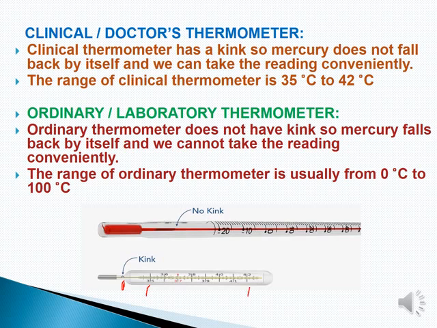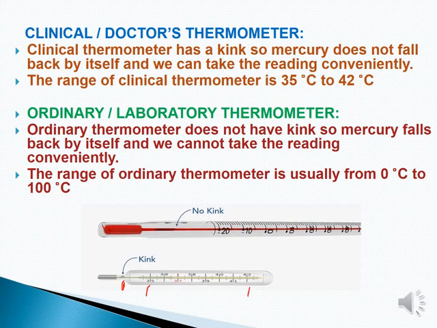The next type of thermometer is the ordinary or laboratory thermometer. This kind of thermometer is used in labs to measure the temperature of boiling water, etc. The ordinary thermometer does not have a kink, so mercury falls back by itself and we cannot take the reading conveniently. The first picture is of the laboratory thermometer. You can see there is no kink.